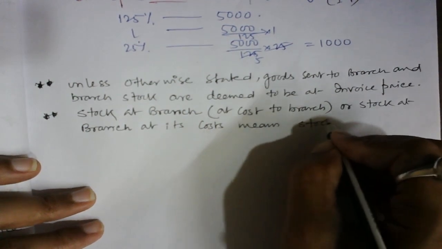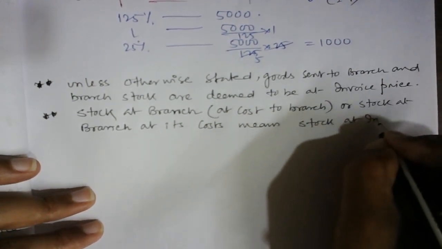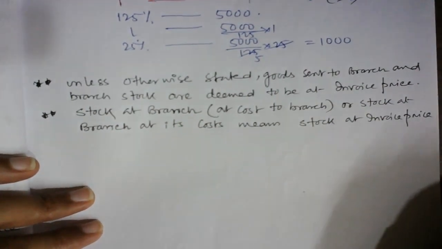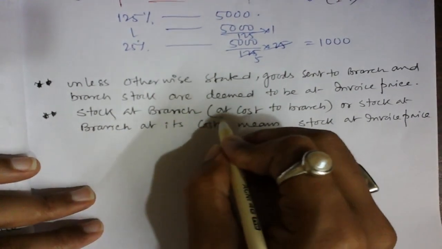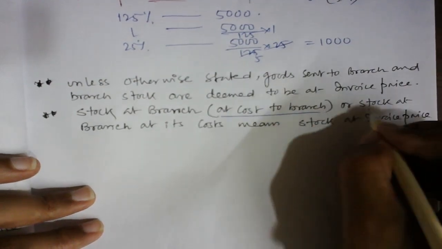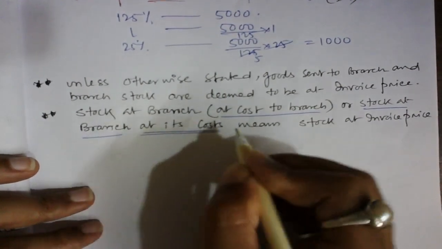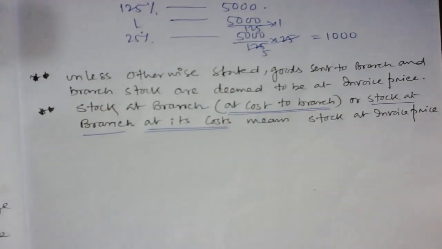See, the language is very different. देखिए कैसे लैंग्वेज दिया है, just see. Stock at branch at cost to branch or stock at branch at its cost. See the language differences. Stock at branch is given.